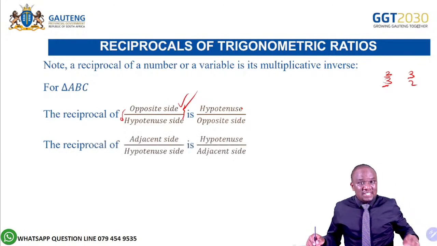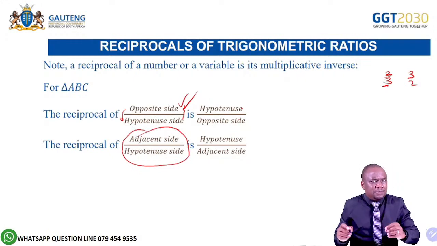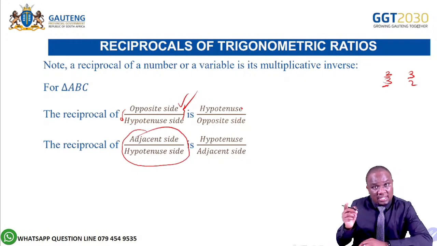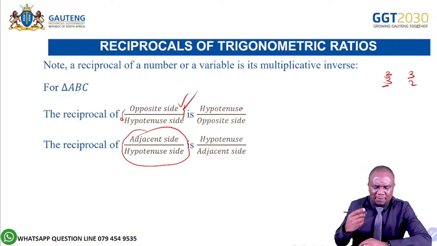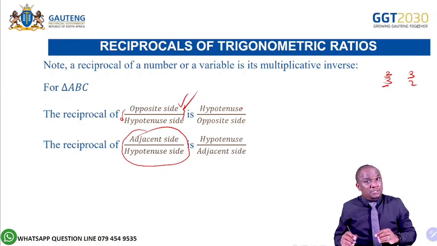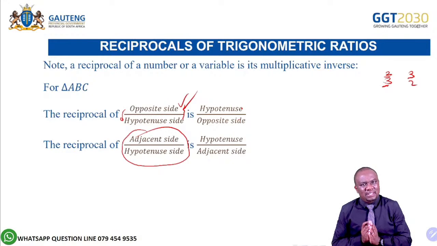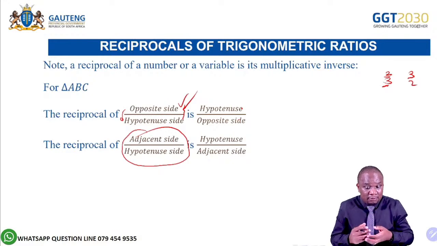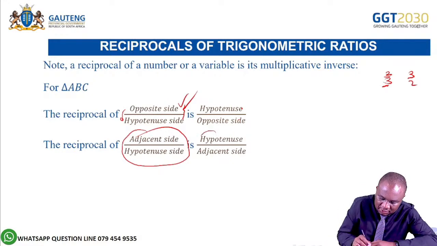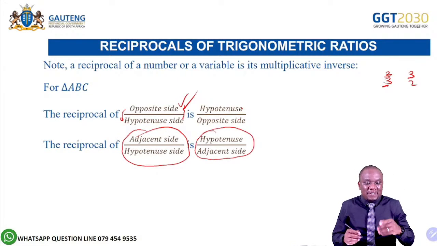Reciprocal of adjacent side over hypotenuse. We use adjacent side, opposite side, but hypotenuse is just fine without the side. Adjacent side over hypotenuse is cosine of angle theta. Then the reciprocal of cosine theta will be hypotenuse over adjacent side. We've just inverted.